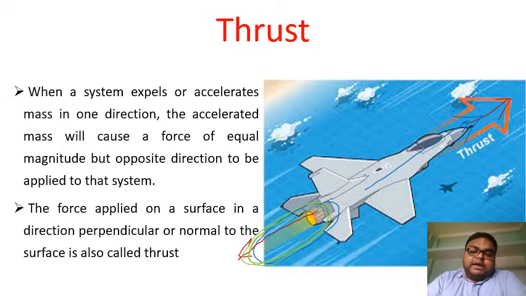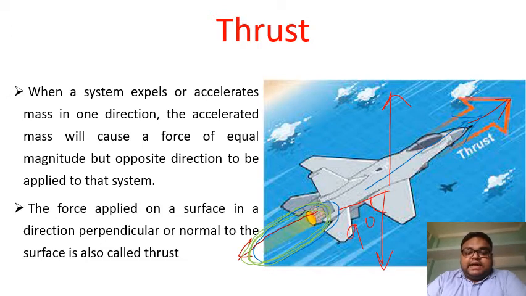We also saw in our previous picture that the weight of this aircraft will be acting in a downward direction, right? And these wings will be creating a lift in the upward direction. So when you see this, this is approximately equal to 90 degrees.